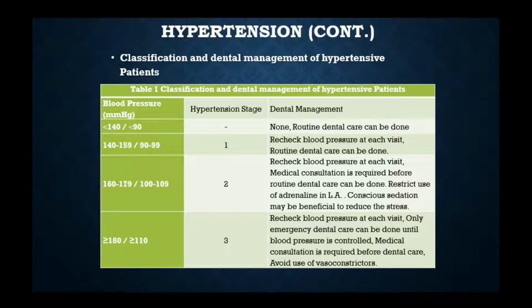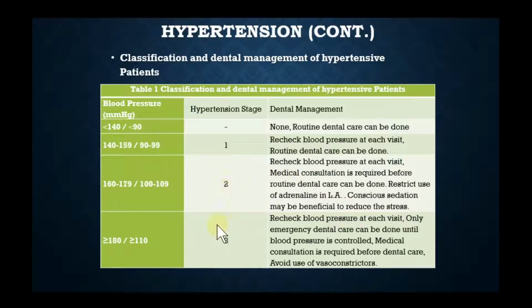The amount of local anesthesia with adrenaline is limited, and sometimes conscious sedation, for example nitrous oxide or IV sedation, might be beneficial to reduce stress and prevent the elevation of the blood pressure.